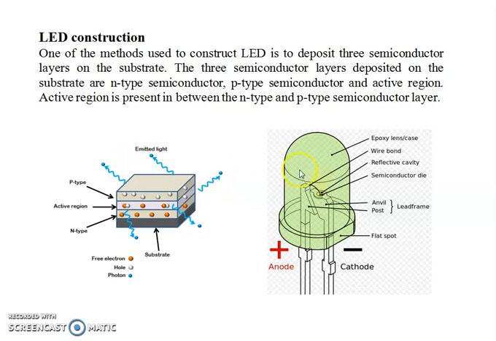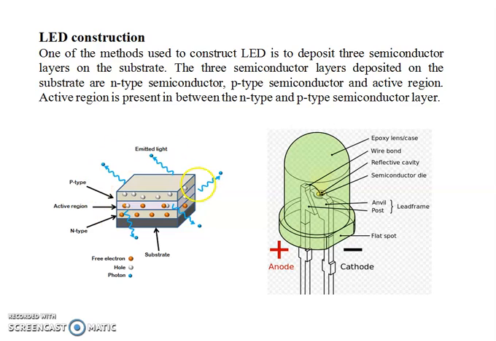So this is a typical diode. If you have seen the diode, it has an anode and a cathode, and this is where the semiconductor lies. And the top one, whatever you see, is an epoxy just to protect it. Okay. So how does it work? Usually they make it through a deposition technique, like layer by layer deposition.